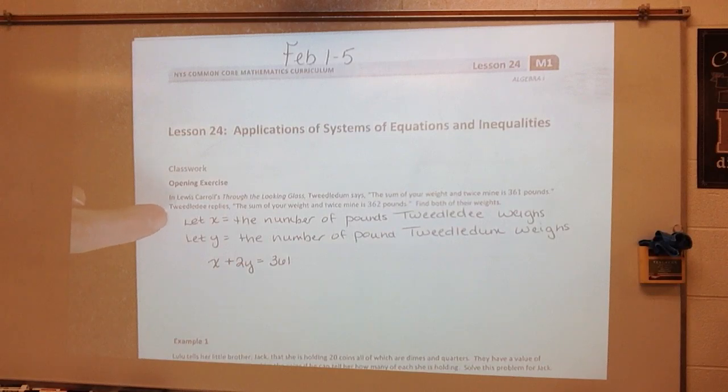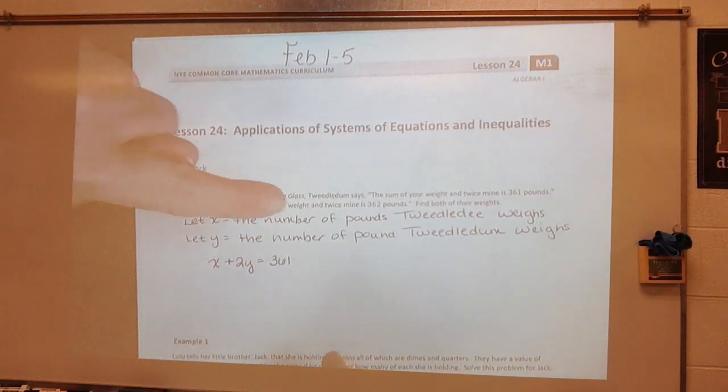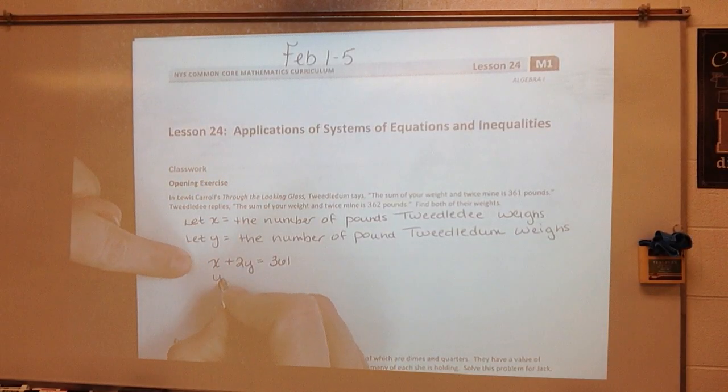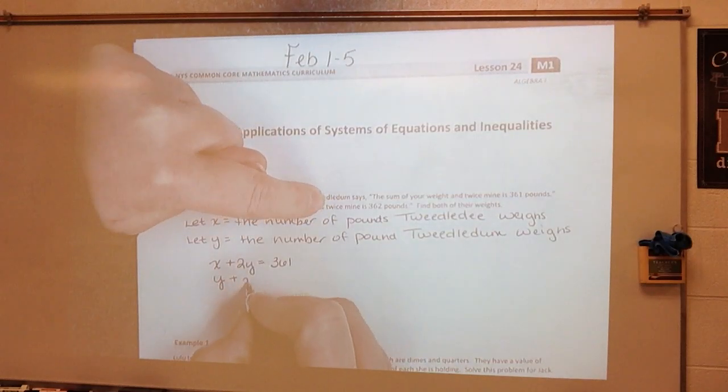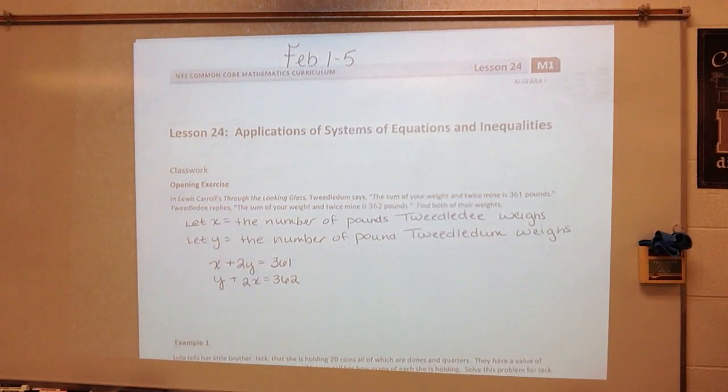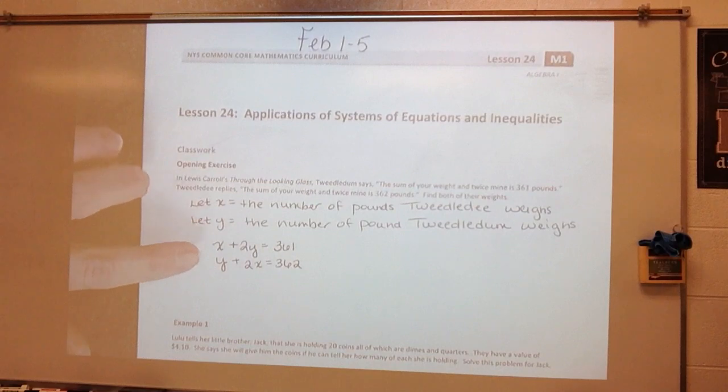Tweedledee replies, the sum of your weight, so the sum of Tweedledum's weight, and twice mine is equal to 362 pounds. Okay? So now we can figure this out a couple of different ways. You can figure out what x is, or you can figure out what y is. It does not matter.